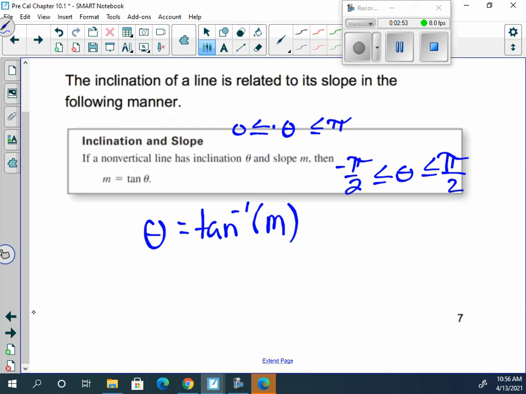Because an angle that is between pi over 2 and pi, in tangent inverse, will show up as a negative angle.